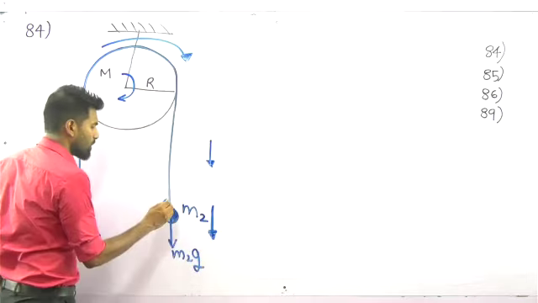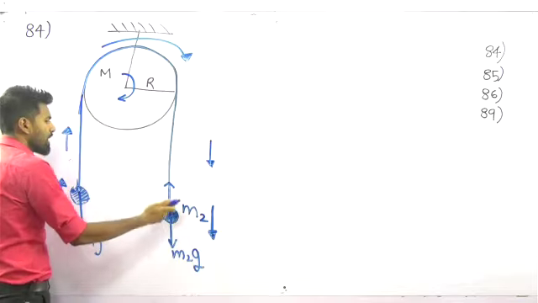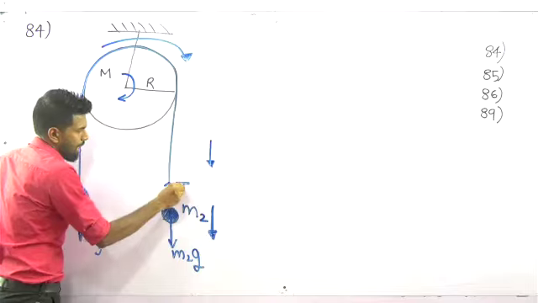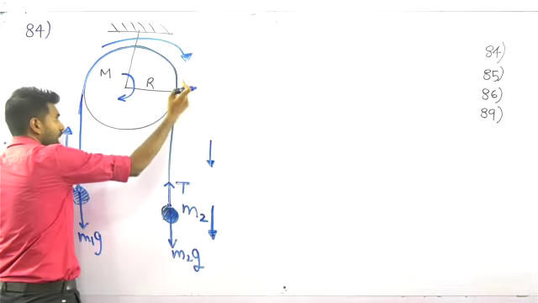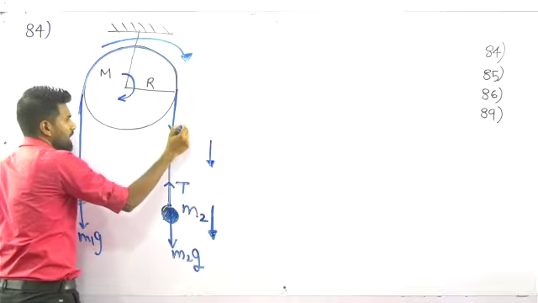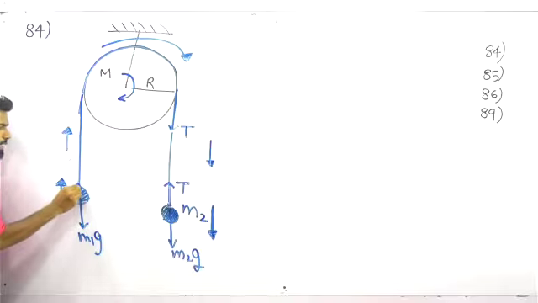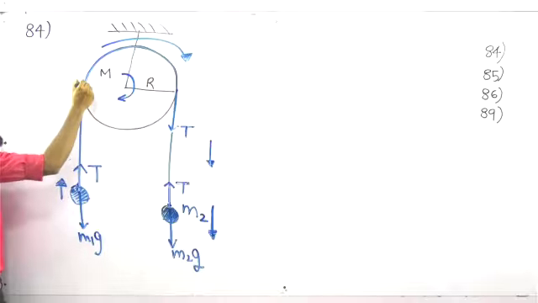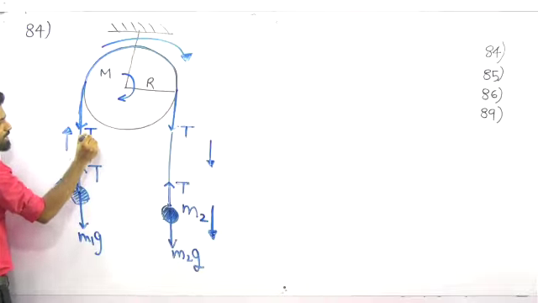The tension of the string attracts the connected point towards the string itself, T. Here, the place where the string is touching the pulley is attracted towards the string by the tension, T. That is how we mark the tension.